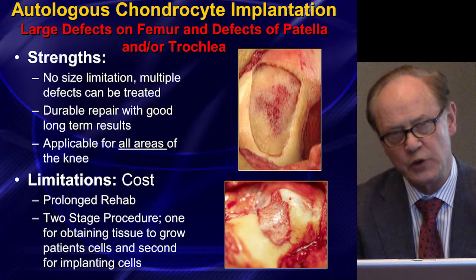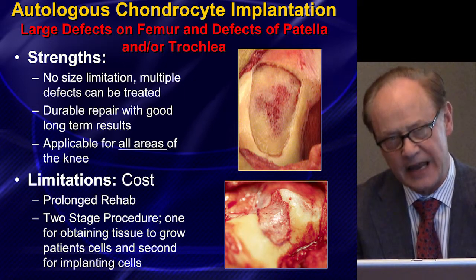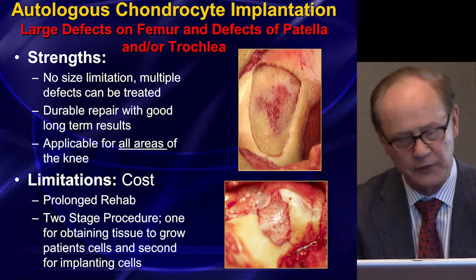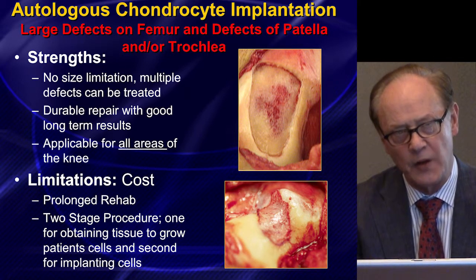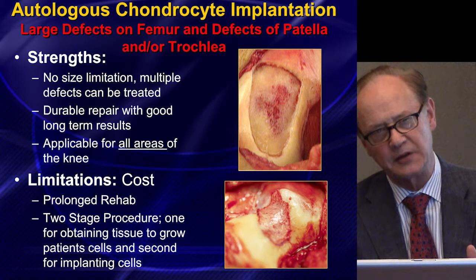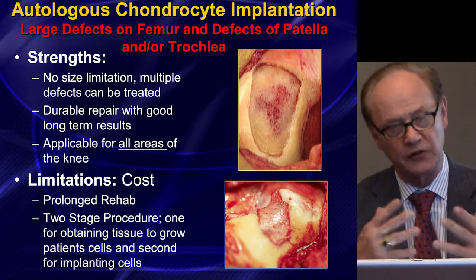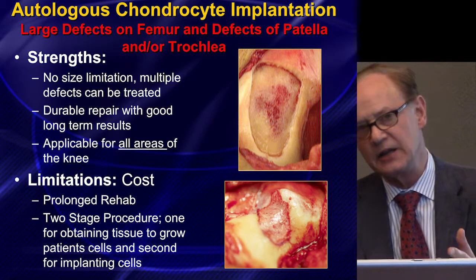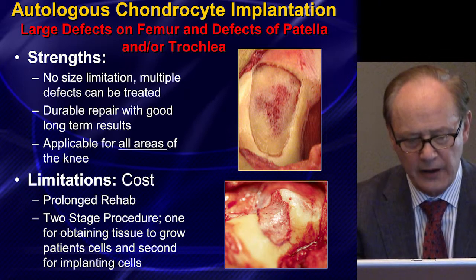Of patients who were doing well at 2 years, 97% were doing well at 8 years in long-term follow-up. That's the kind of value that we really see, where the cost effectiveness of the treatment withstands the test of time, and someone can still be functional a decade, even up to 2 decades later, that we know of. And it's applicable for all areas of the knee.